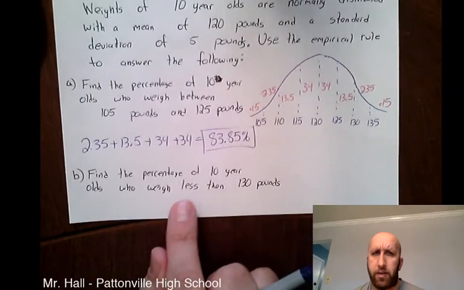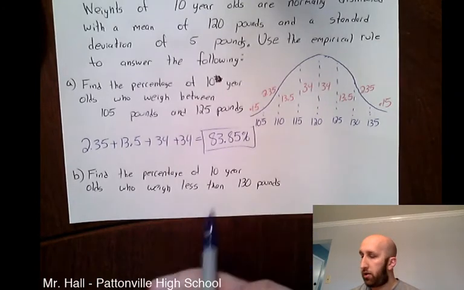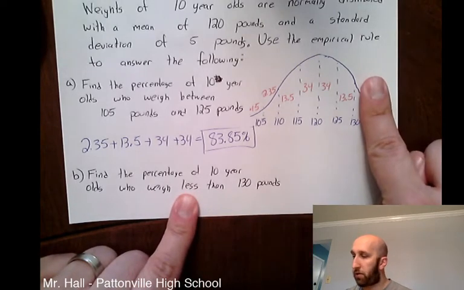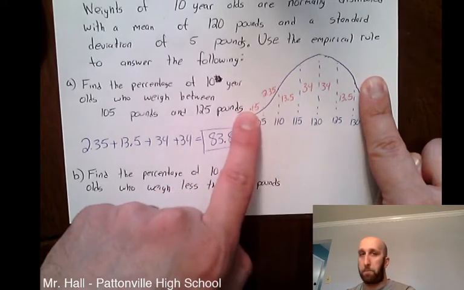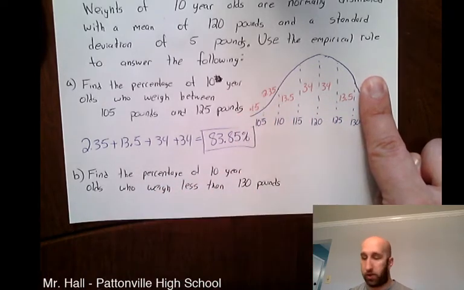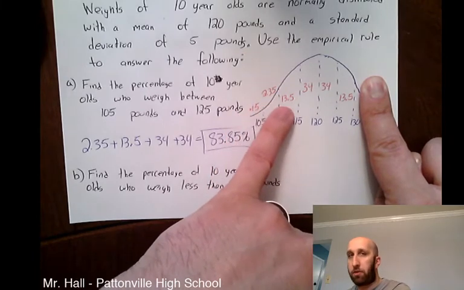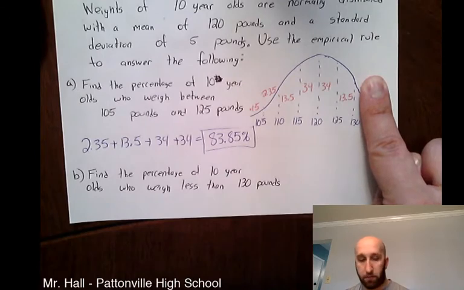Find the percentage of 10-year-olds who weigh less than 130 pounds. So pay attention here. We want less than 130 pounds. So I'm going to find 130, which is right here. And I want all of these percentages below 130 pounds. So I need the 0.15, the 2.35, the 13.5, the 34, the 34, and the 13.5. And I'm going to add them all up.